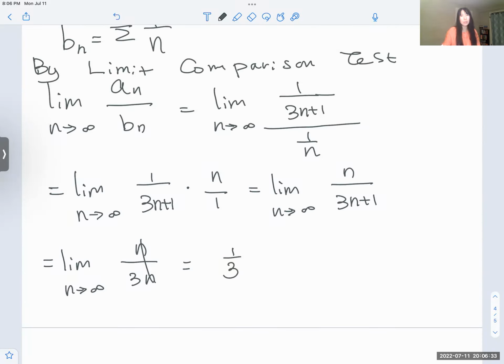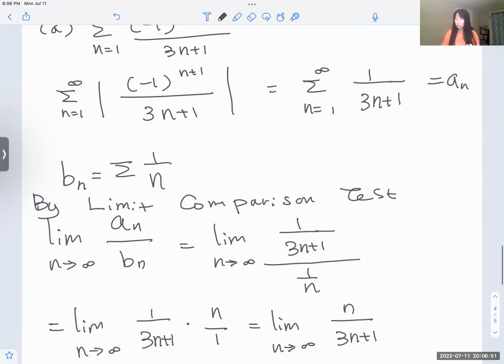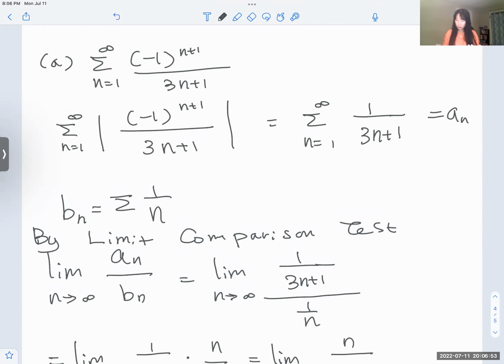So what does the limit comparison test say? This number is not equal to 0, right? But it's less than 1. Then we can say, here we go to the b sub n, then harmonic series, right?